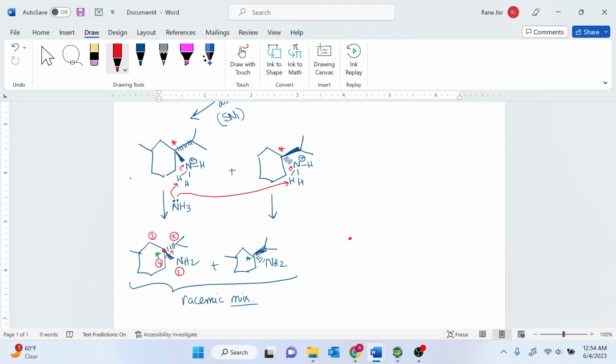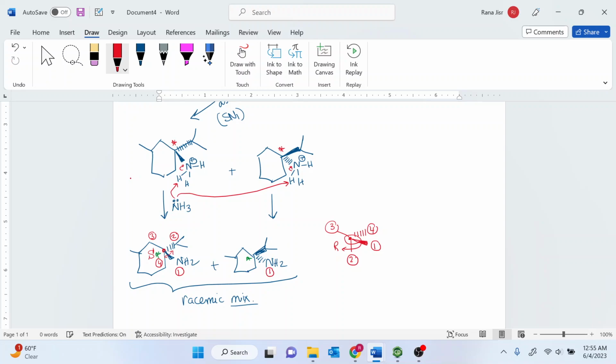So you're going to end up getting the 2 to be in plane, the 4 to be behind, which is what we need, and then priority 1, which is in front, and then priority 3, which is in plane. And going by 1, 2, and 3 like this is an R configuration, so this chiral center is going to be an S.